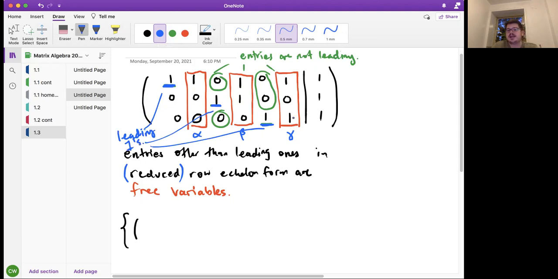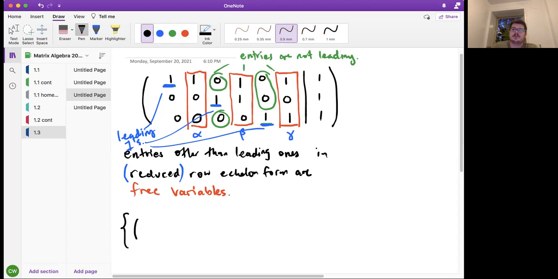So every other entry is not leading because these are zeroed out just by nature of doing the Gaussian elimination, and then there might be some that are not zeroed out. So, for example, the second variable cannot be eliminated. Same thing with this fourth variable. These ones cannot be eliminated.